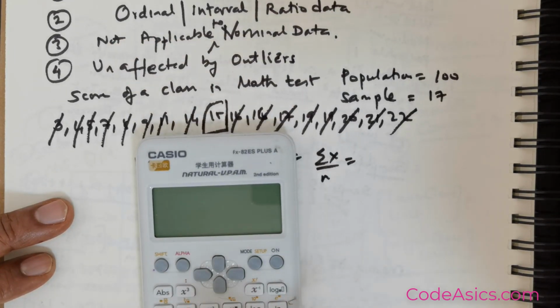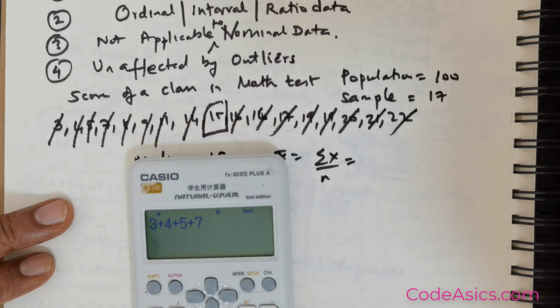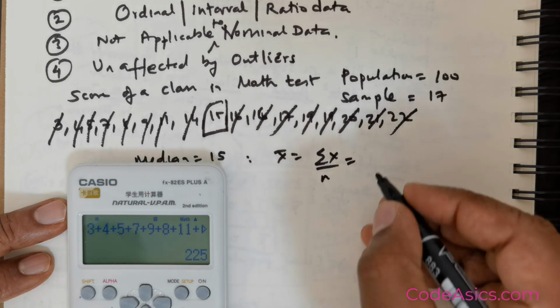So 3 plus 4 plus 5 plus 7... Okay, we're getting 225.